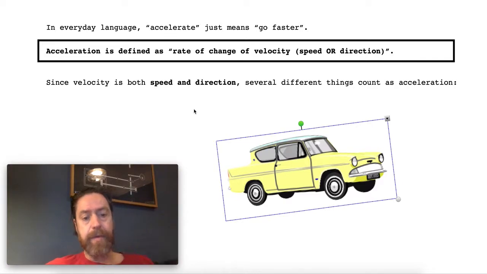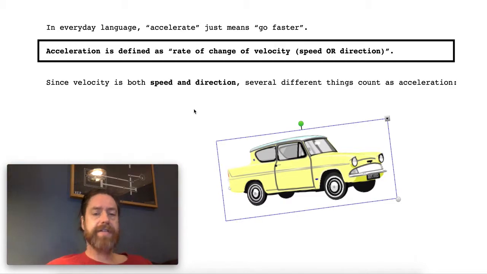Now, the exam board is going to try and catch you out with this, because they know that most people don't think about a change in direction being an acceleration. So they ask about this quite often. The sort of thing they ask might be, how can a car go round a roundabout at a constant speed but still be accelerating?